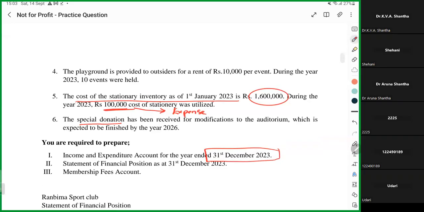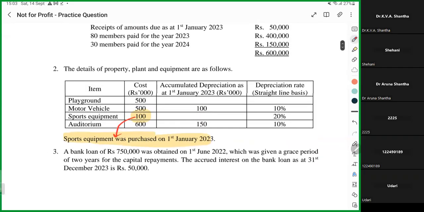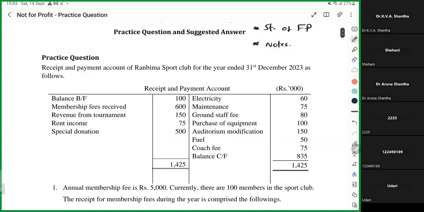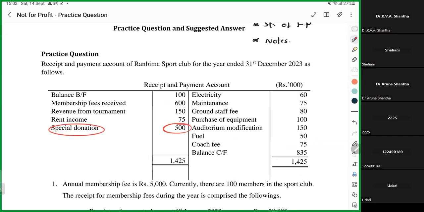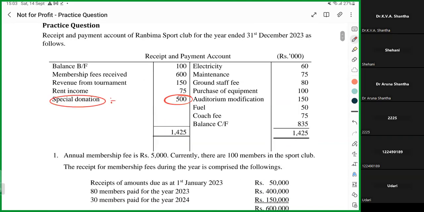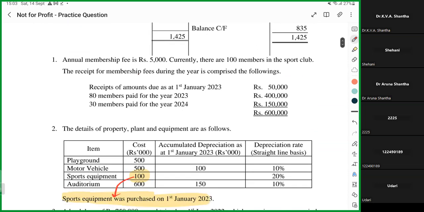Right. You see the receipts and payment account, special donations, you see 500. So this is for modifying the auditorium. Right. Now you have a basic idea about the situation, the question.